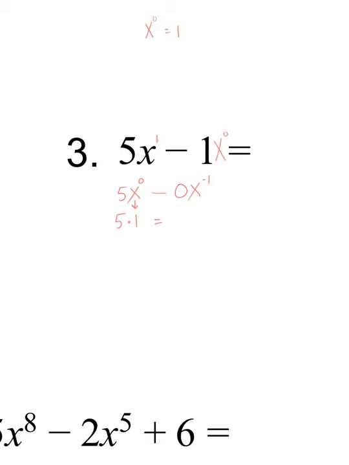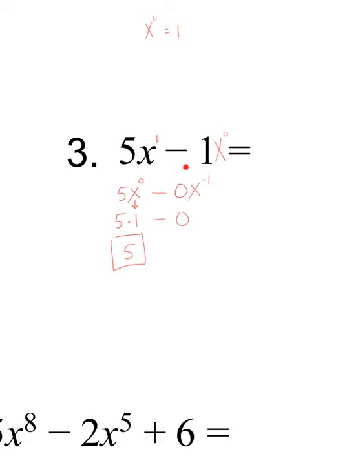Oops, I have a typo there. Excuse me. Let's go through that again. 5 comes down. Anything to the 0 power is equal to 1. And right here, 0 times anything is 0. So this gives us 5. Okay, so the derivative of 5x is 5. The derivative of negative 1 is 0. 5 is our derivative of 5x minus 1.